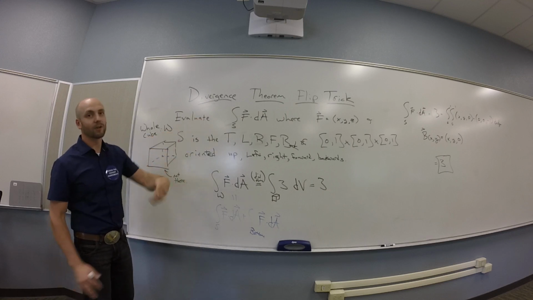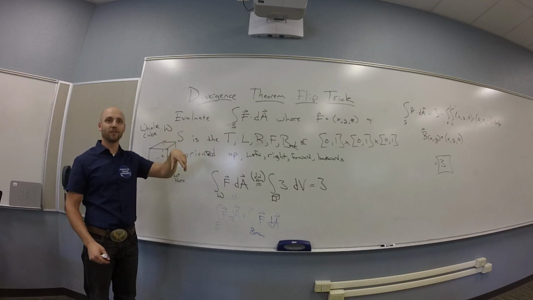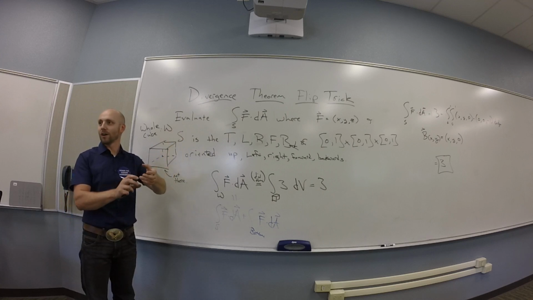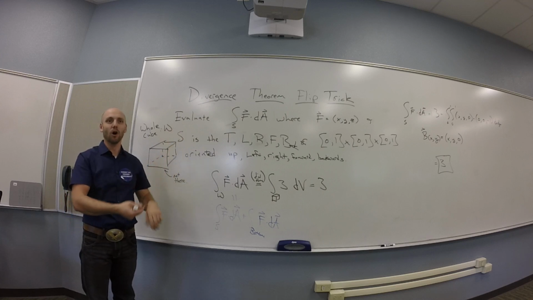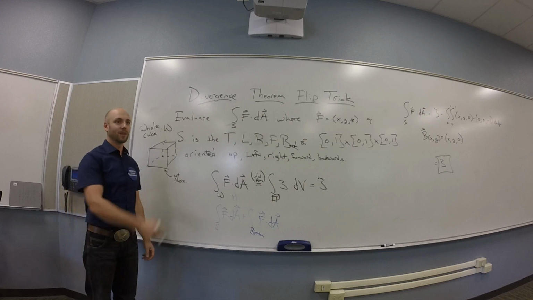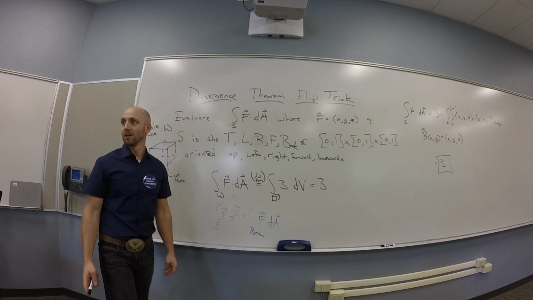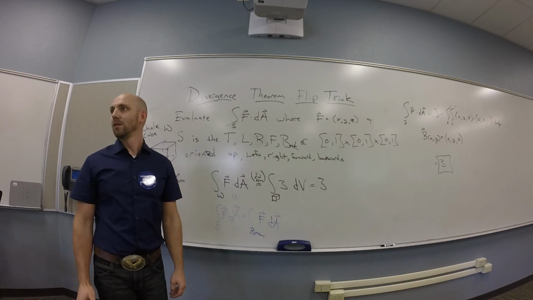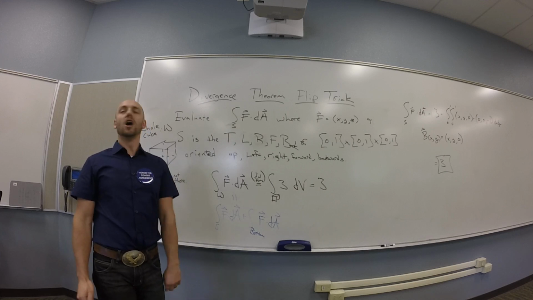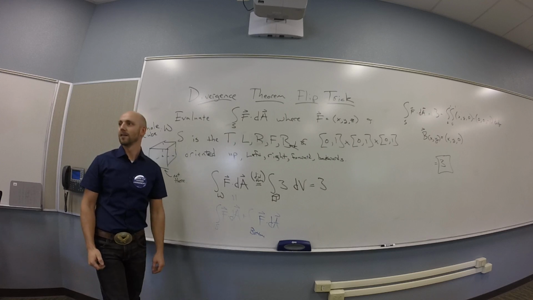So this is the flip trick, right? If you have most of a surface, sometimes you can calculate the flux through a part by flipping it over. You can do the same thing with Stokes' theorem. This doesn't really have much to do with the fact that it's a cube.